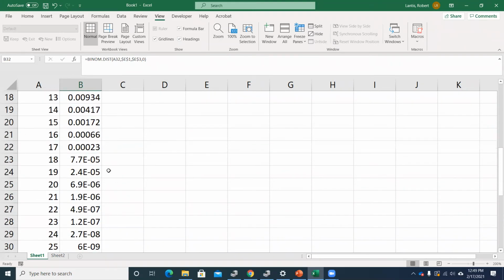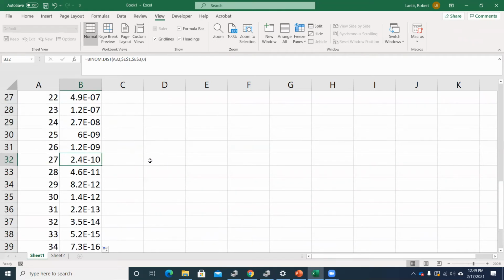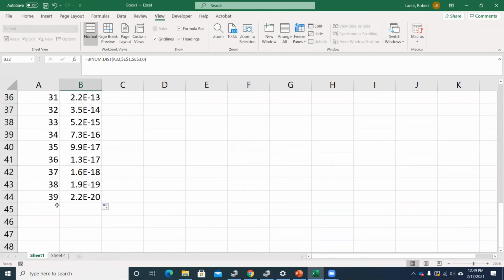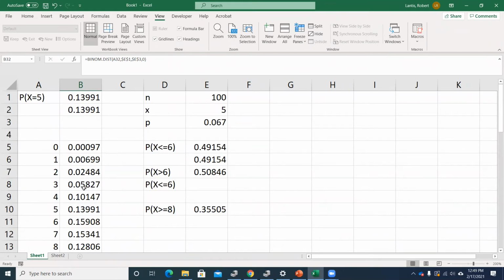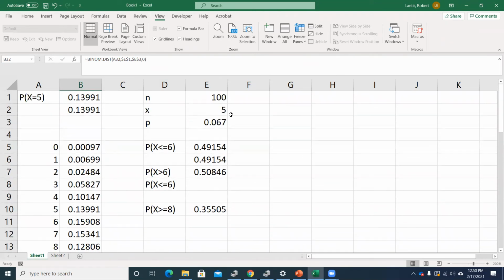It's very unlikely out of 100 people we would see 39 of them be millionaires. The probability is very, very close to 0, okay? So it doesn't really make a lot of sense to keep going with this because we know it's already so close to 0, it's just going to keep getting closer. But for these outcomes between 0 and 10, these probabilities are a little bit more likely for us to see those values. Because what would the mean be here?